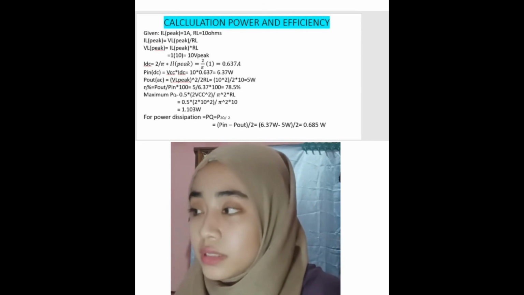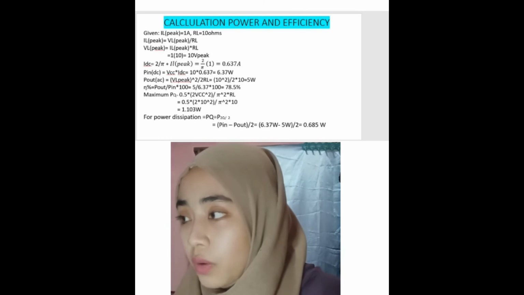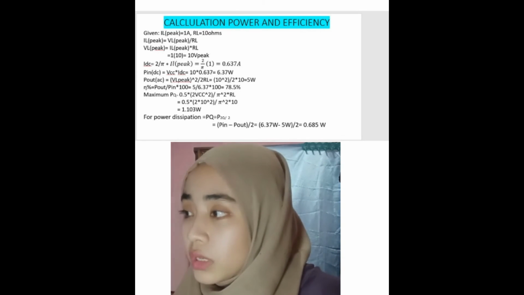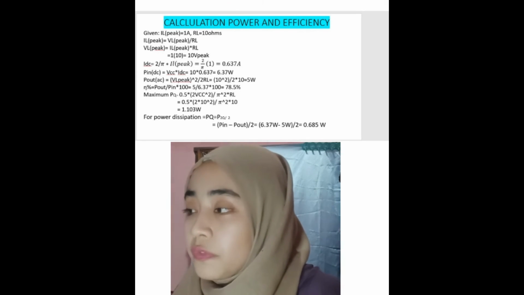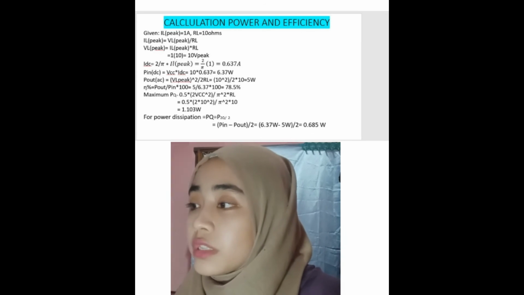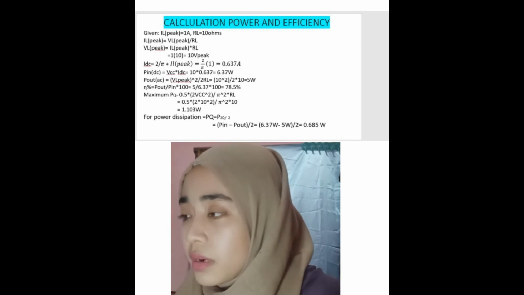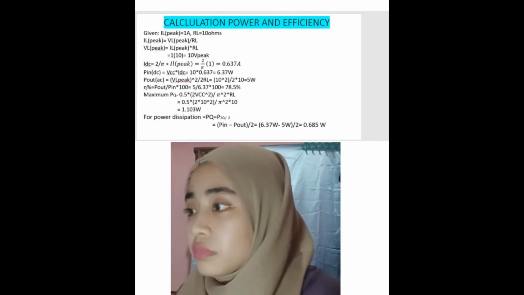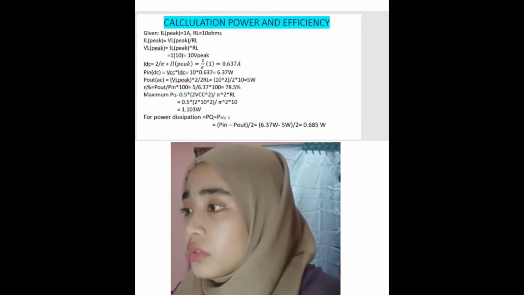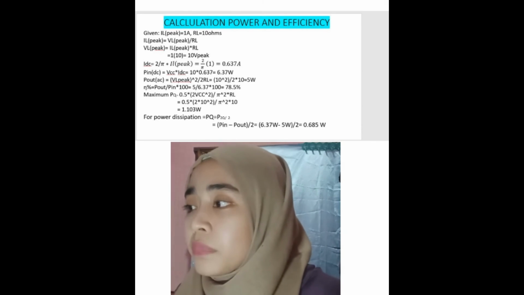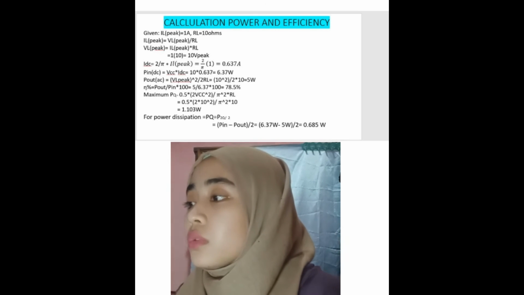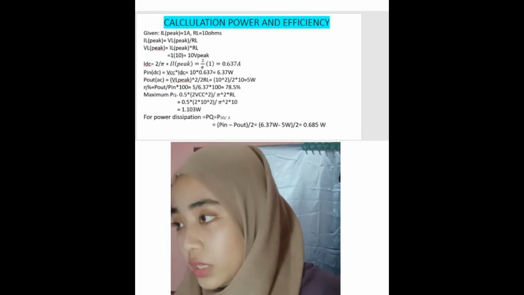And for efficiency, the formula is output power divided by input power, multiplied by 100, equal to 78.5%. And for maximum power dissipation, the formula is 0.5 multiplied by 2 VCC squared divided by pi squared multiplied by R load, and it equals 1.103 watt.